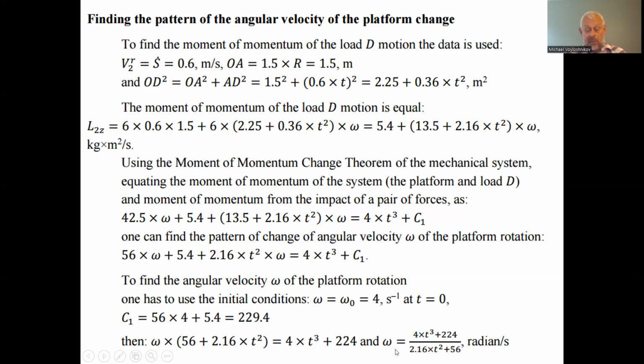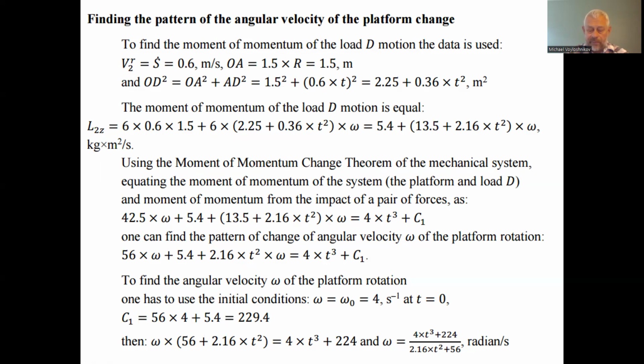After the simple transform, we can find the angular velocity of rotation of the platform under the action of the initial angular velocity and the action of the couple of forces which caused the rotation moment, assigned in the pattern by the definite assignment, and having the channel with the load moving by the pattern of the coordinate of the location of the load as well assigned.